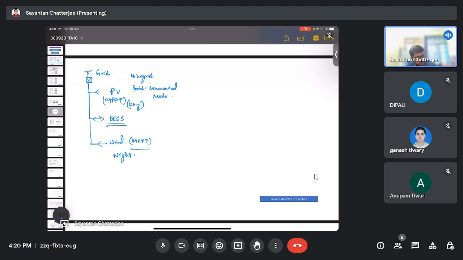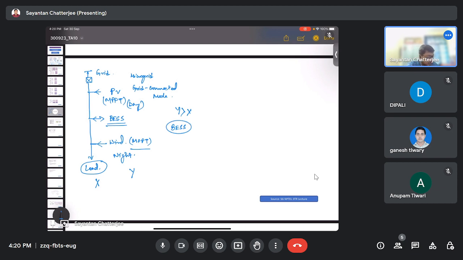Suppose this is a load, and let's consider that the requirement of this load is X. If we accumulate the entire power generation from PV, wind, etc., let's consider that to be Y. If Y is greater than X, then what it can do is charge the BESS, that is, store that much amount of energy in the BESS.